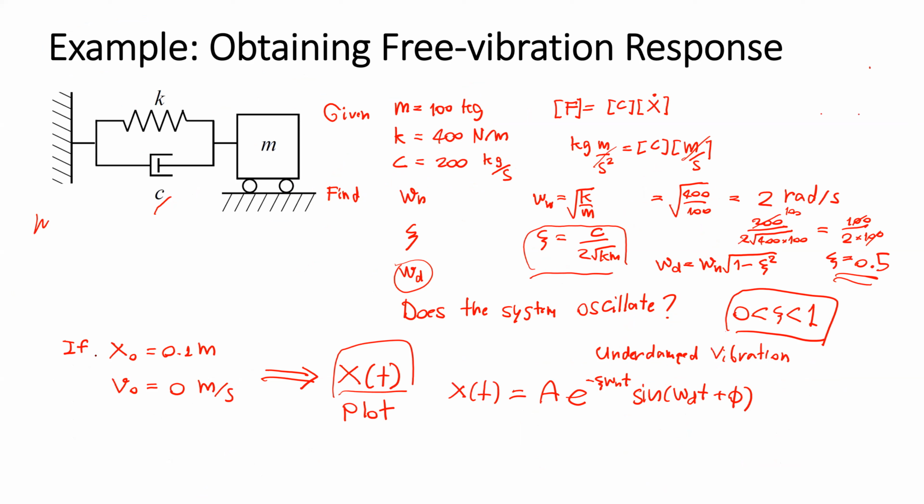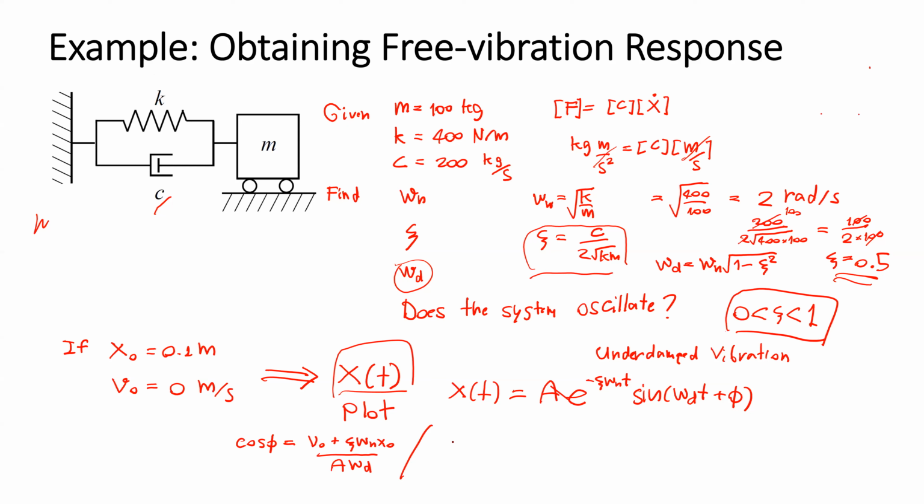And we know x0 and v0. By the initial condition problem, we already derived that the cosine of the phi angle is equal to v0 plus zeta omega n x0 divided by A omega d.